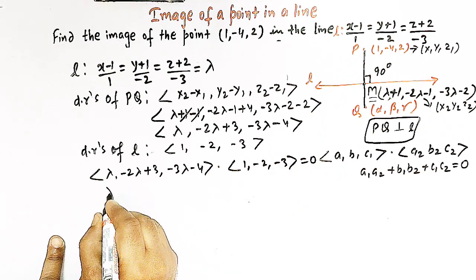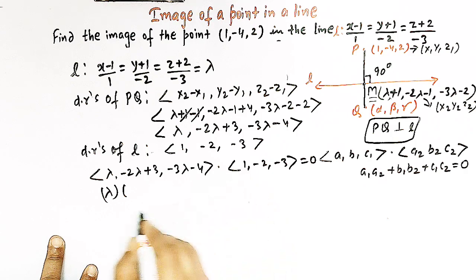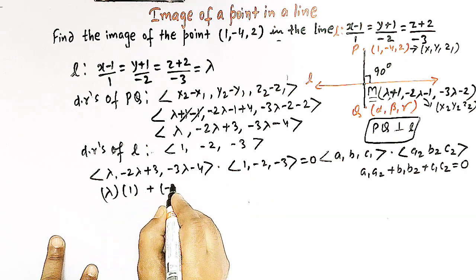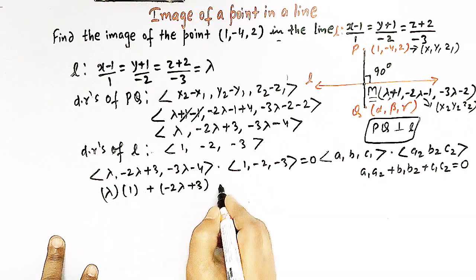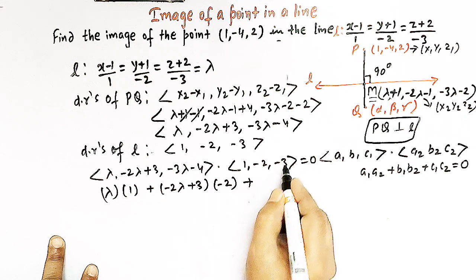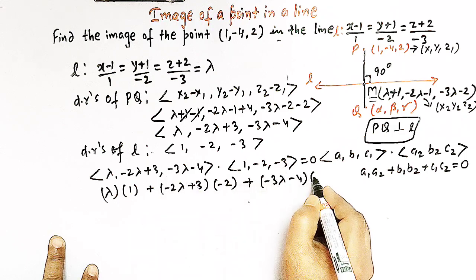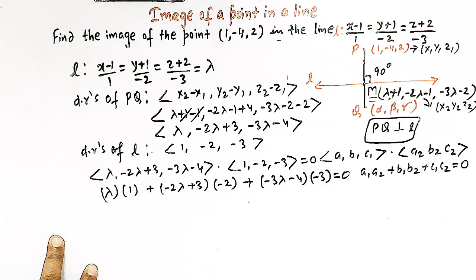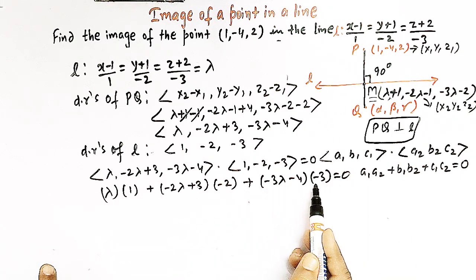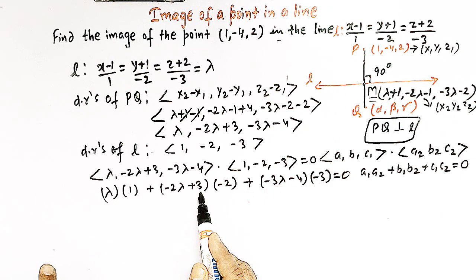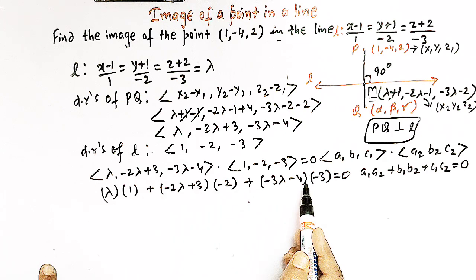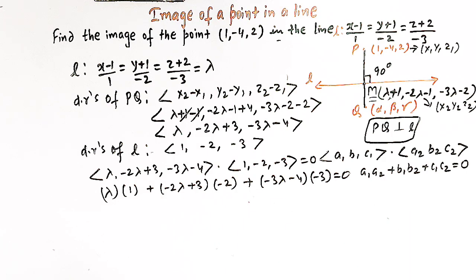So now we have lambda times 1, then minus 2 lambda plus 3 times minus 2, and then minus 3 lambda minus 4 times minus 3 is equal to 0. So now this is a linear equation in lambda, and let us solve this equation to get the value of lambda.